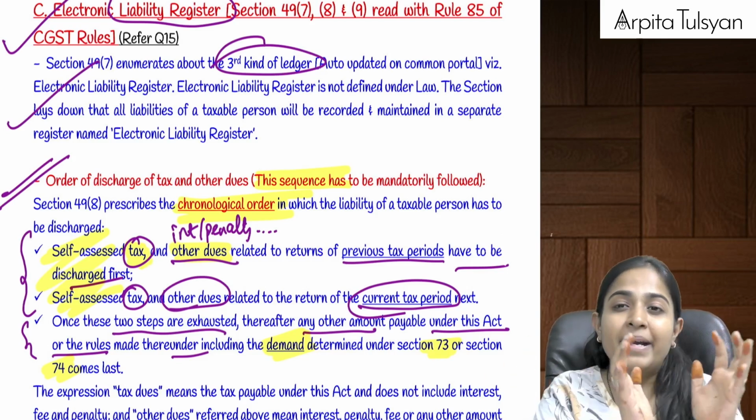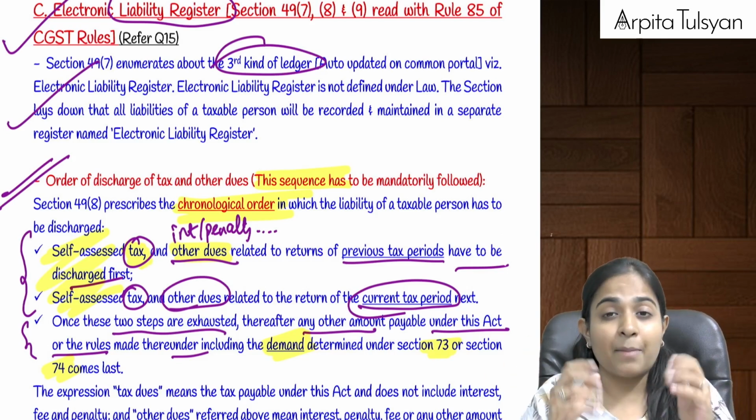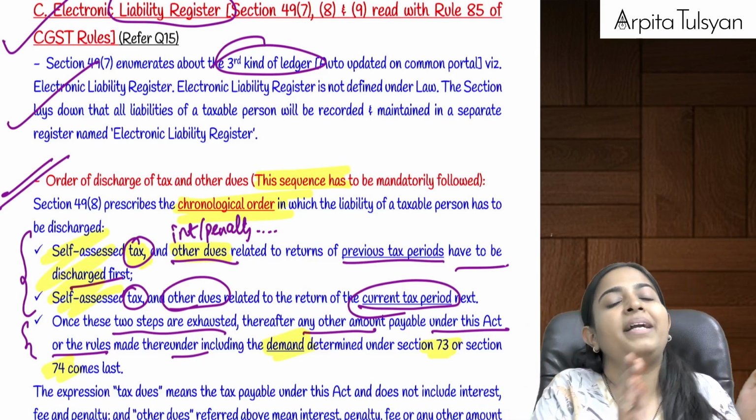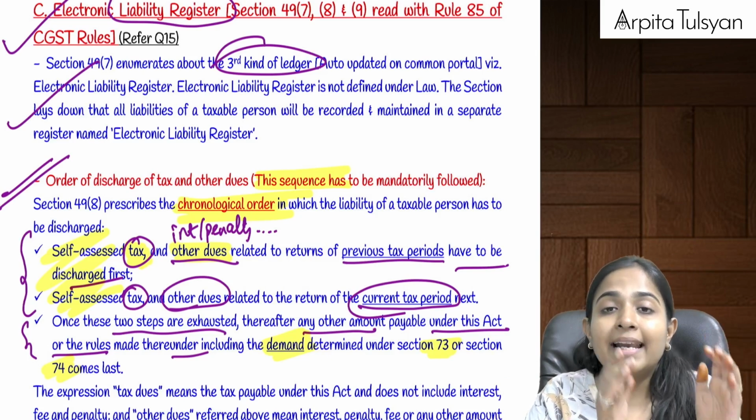All these will be debited. This is not yet paid. These amounts are payable, so these will be debited to the electronic liability register.